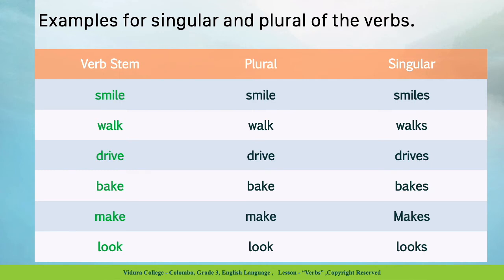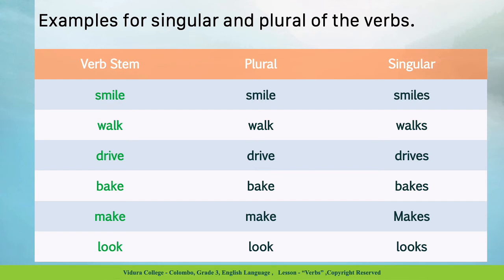The third verb stem is drive. In here, the plural form of the verb is drive and the singular form of the verb is drives. The fourth verb stem is bake. So the plural form of the verb is bake and the singular form of the verb is bakes.